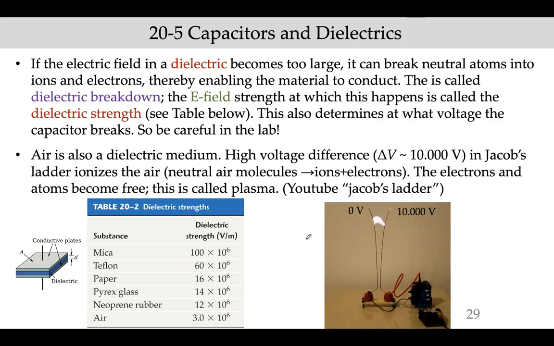That's what you're seeing here. And indeed, that's the same mechanism behind lightning. Make sure you look up Jacob's ladder on YouTube, it's a really interesting setup.